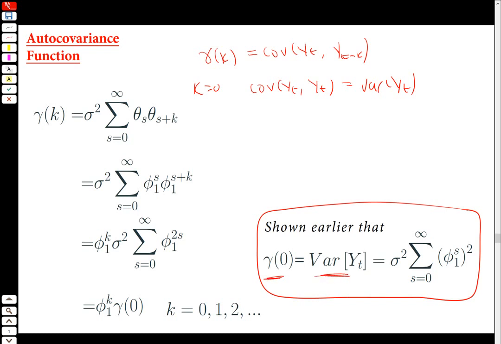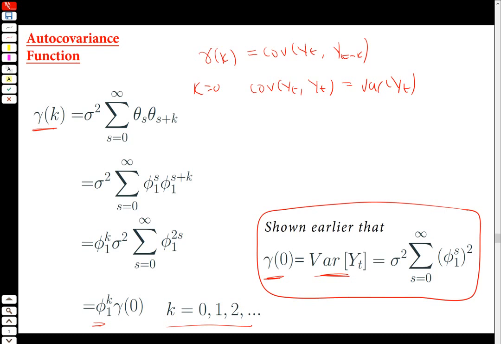Okay, so that's all we're doing here. As you should hopefully see, you need to be comfortable working with this geometric progression formula. So then we're done. So we get the result. So this is the variance then of an AR1.